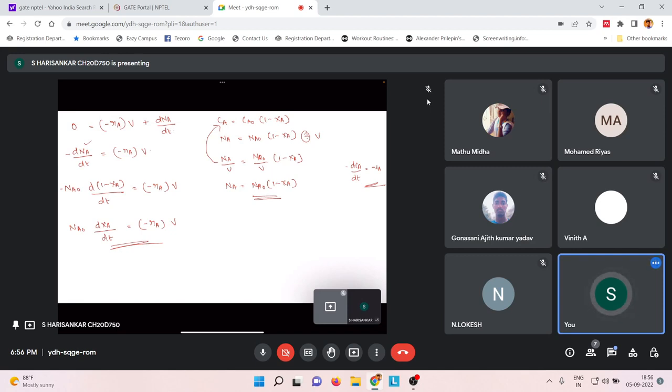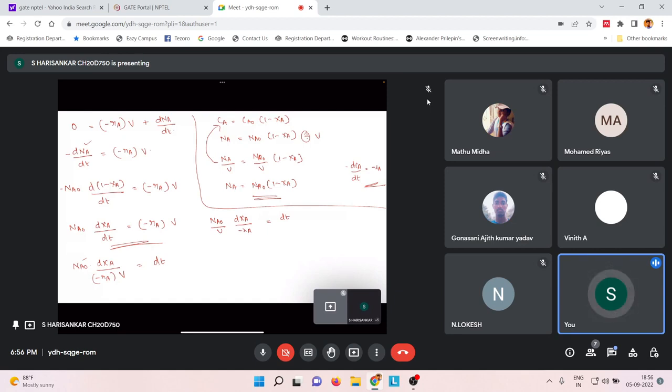So let's say we'll take Na0 into dXa by minus Ra into V is equal to dt. Now you see here we have Na0 divided by V. So that will give you Na0 by V dXa by minus Ra is equal to dt.